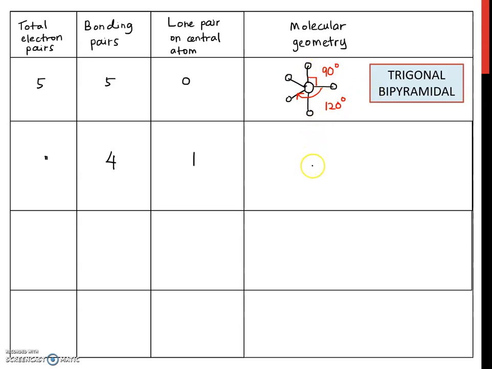Okay, so bila kita buang satu atom, so satu jadi lone pair, another 4 atom bonded to central.